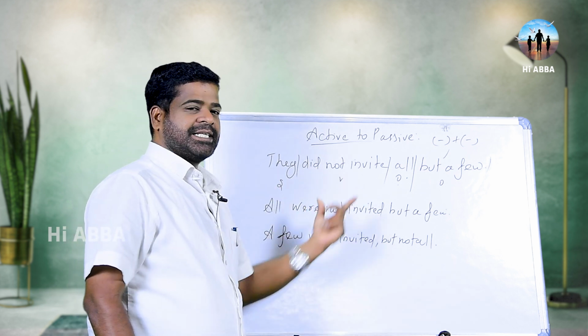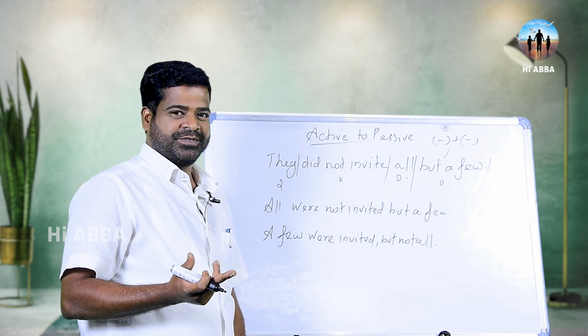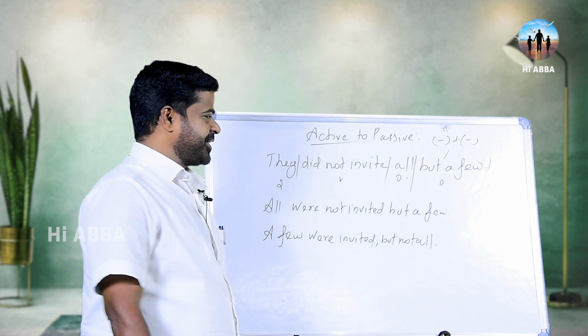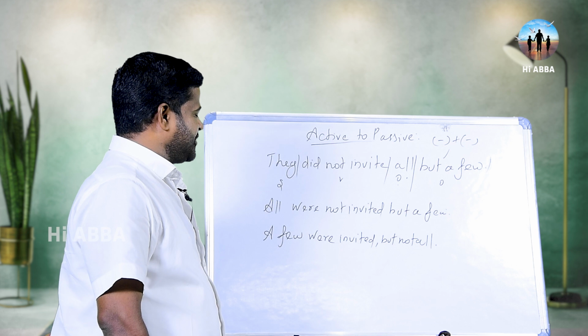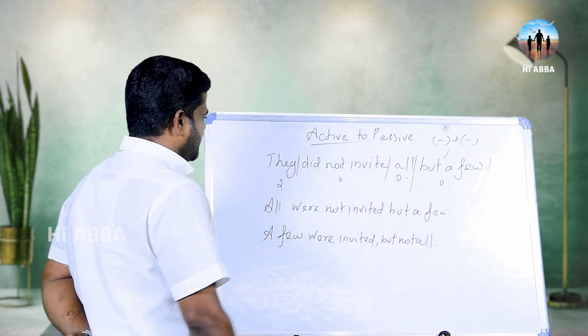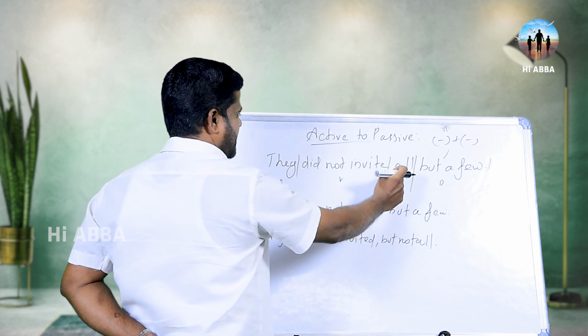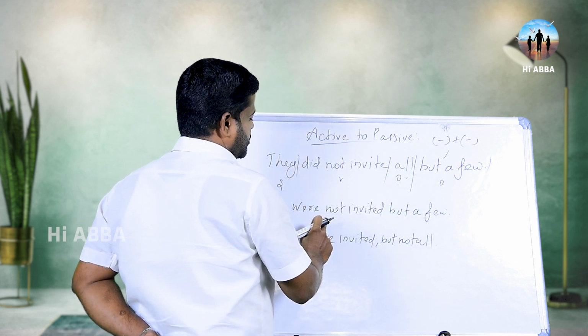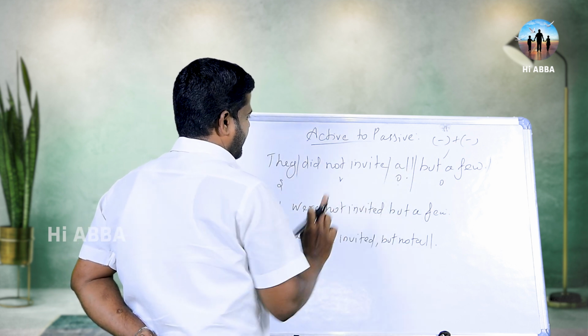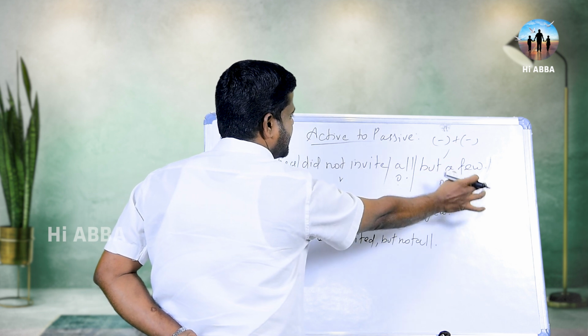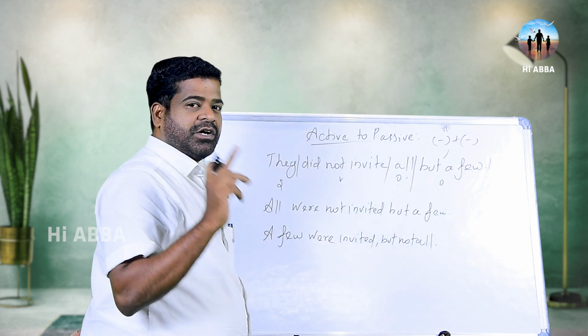We will have to understand the sense of the sentence, then only you will be able to change them into passive voice. Now again pay attention clearly, my dear students. They did not invite all, it is a negative sentence. Just we can change that one into passive: all were not invited. But a few is in an affirmative sense, in a positive sense.